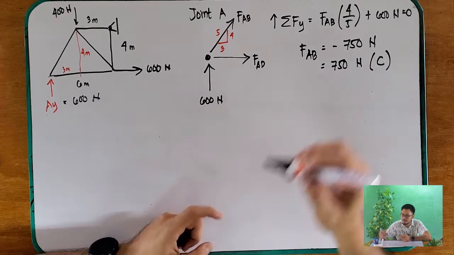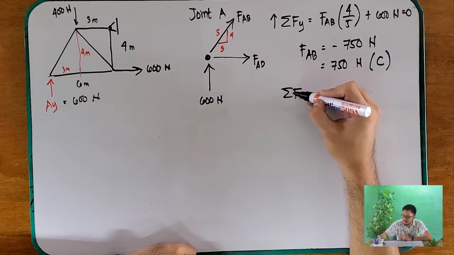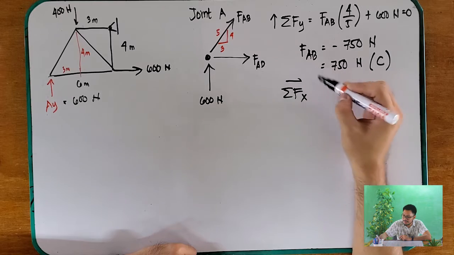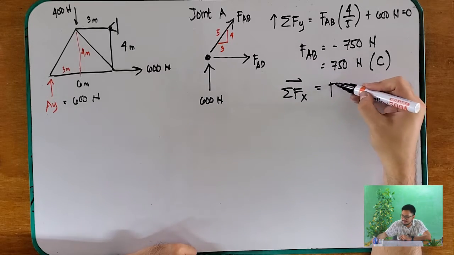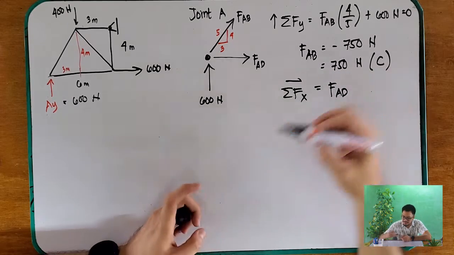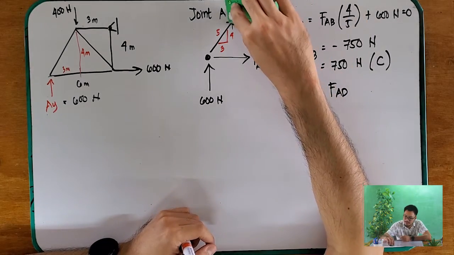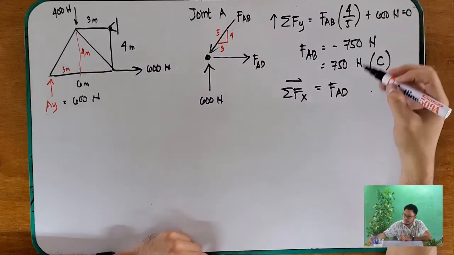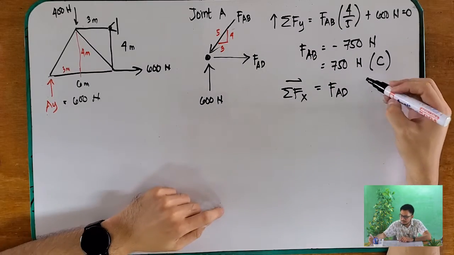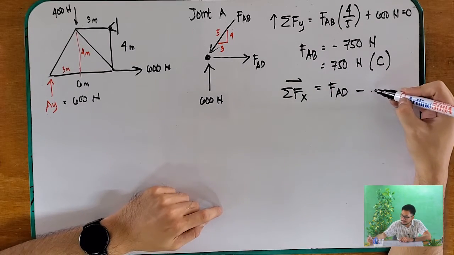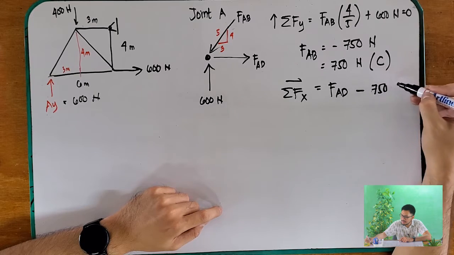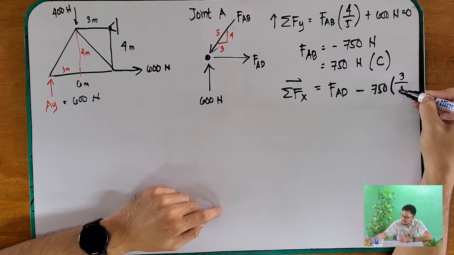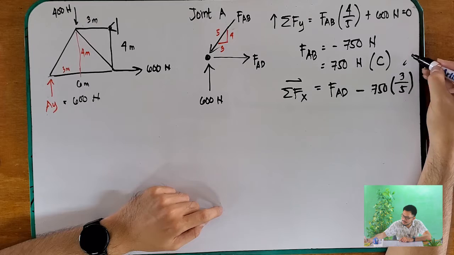Okay? Now, we can also solve for the X going there. Equals to FAD. And take note, we have changed the direction of your FAB, so that should be going towards the point. And minus 750 times 3/5 equals to 0.